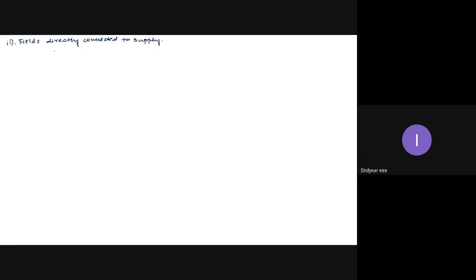Okay. So with this, the circuit connections will change and also the equations will change, especially for the stray losses.